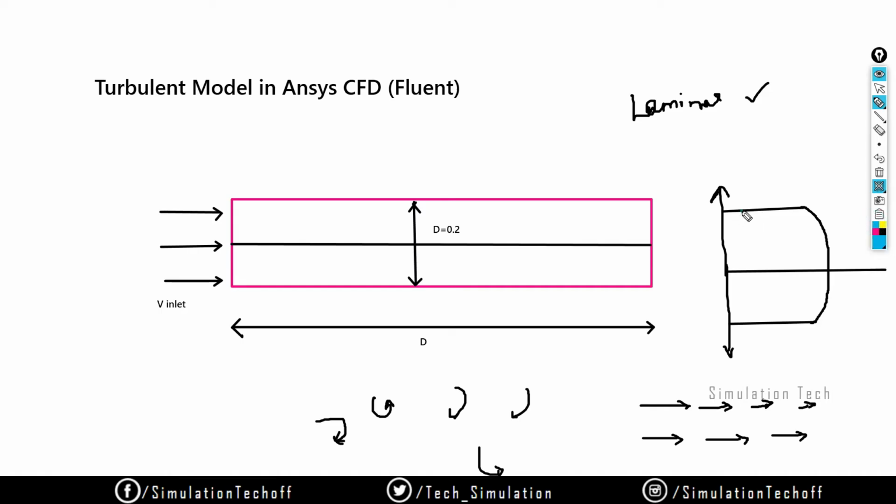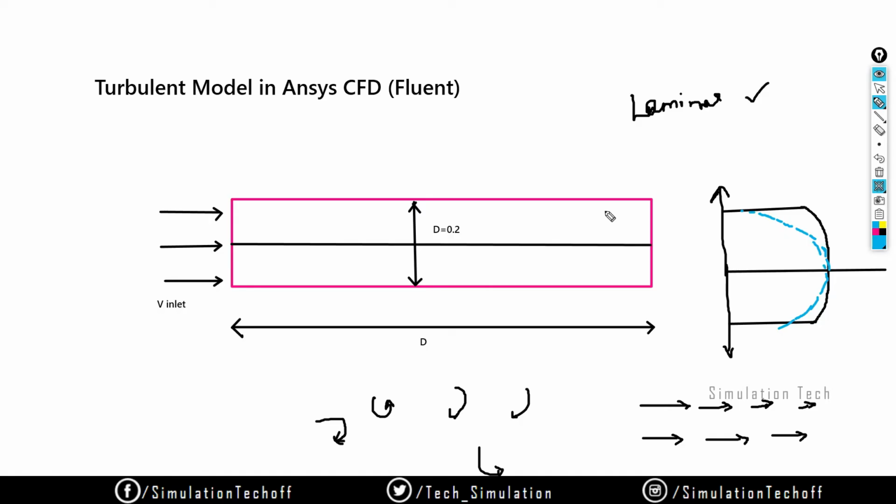In the previous case we have a bend like this, right? We don't have that due to the turbulence. Due to the turbulence, the velocity is more or less similar in all these cases, but very close to the wall the velocity may drop. We will clearly analyze this problem, and once we solve it, you'll see the difference between the two.